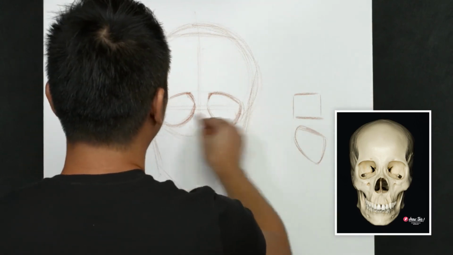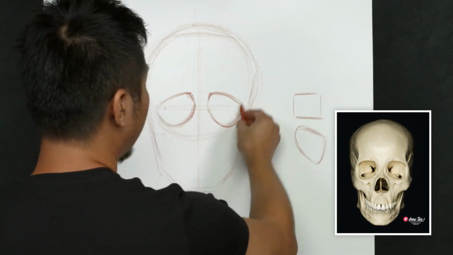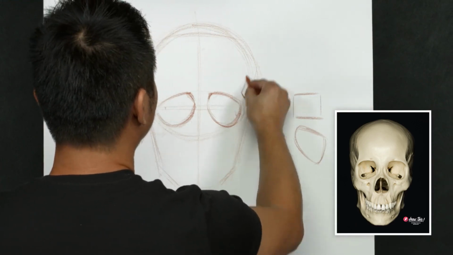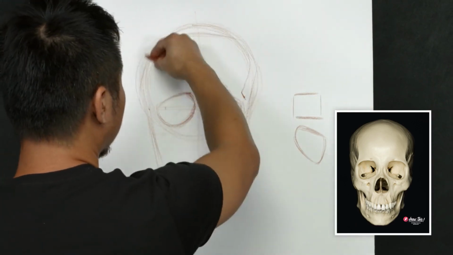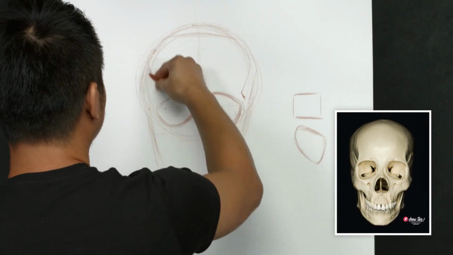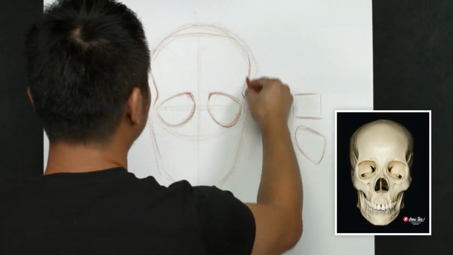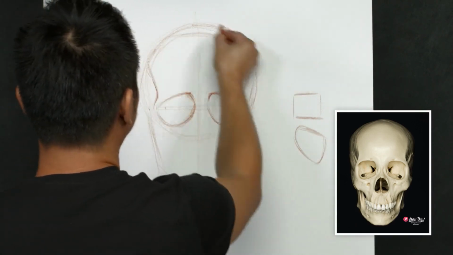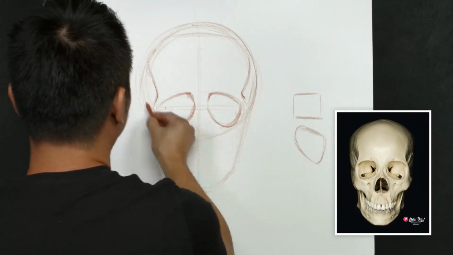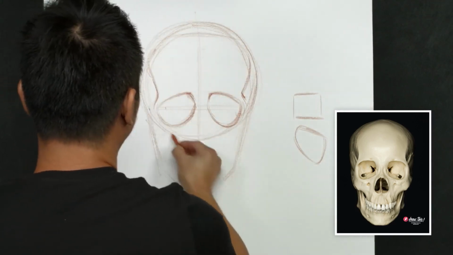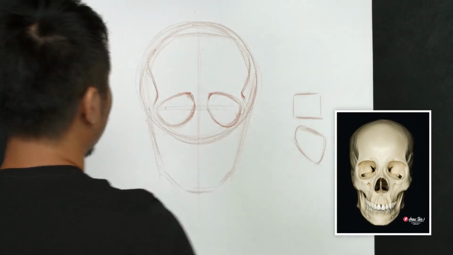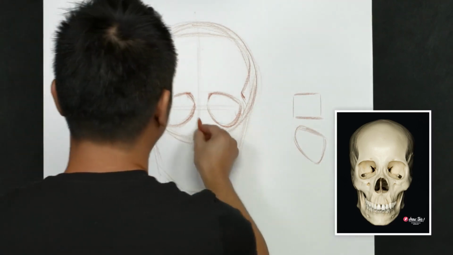Okay, and above the eye socket we have our temple line that goes around the cranium like this. So draw through. The cranium is going to hit about at the bottom of our nose, and it's going to sit right here.